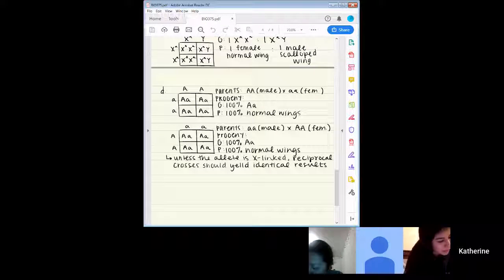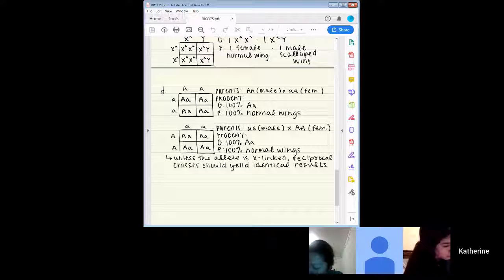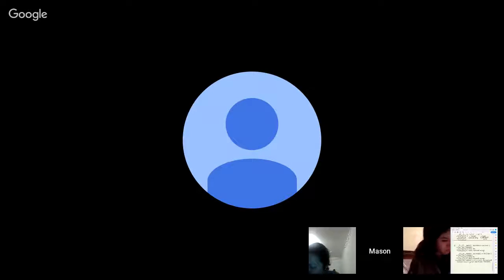One way to determine that a gene is X-linked is to do reciprocal crosses. If the phenotypes of the offspring are different in reciprocal crosses, then the gene is X-linked. With an autosomal gene, reciprocal crosses give the same phenotypes among the offspring. Okay, so a difference means it's X-linked when we're talking about the phenotypes. If they're the same, then it's autosomal. Yeah, it makes a lot more sense now.